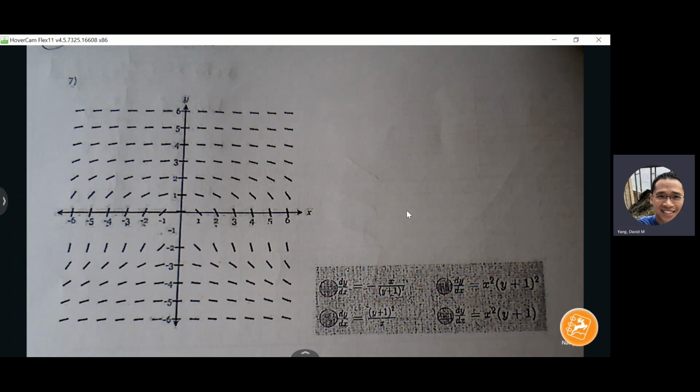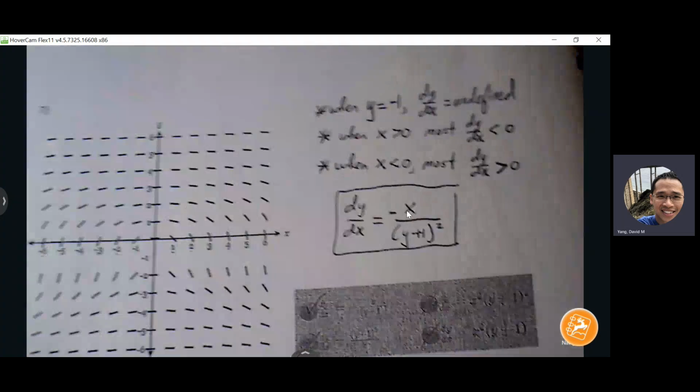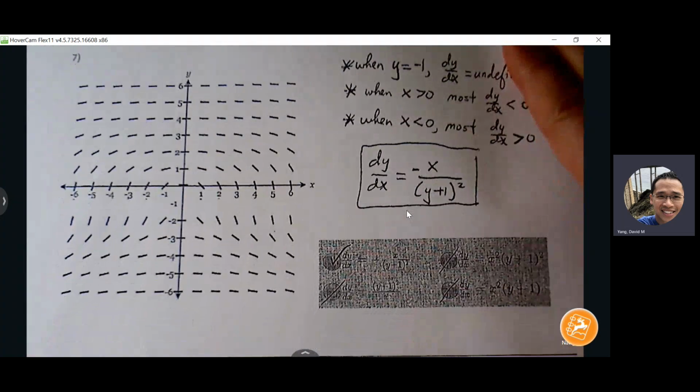What did you guys get for 7? Yeah, negative x over (y plus 1) squared, right? You see that when y is negative 1, slope is undefined.